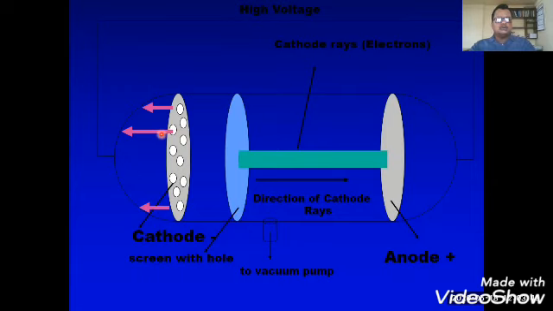They assumed that these rays must have originated from the anode, and they called them anode rays, and a few people also call them canal rays. Later on, it was found that these rays were deflected by a magnetic field and by an electric field, and of course the deflection was opposite to that of cathode rays.